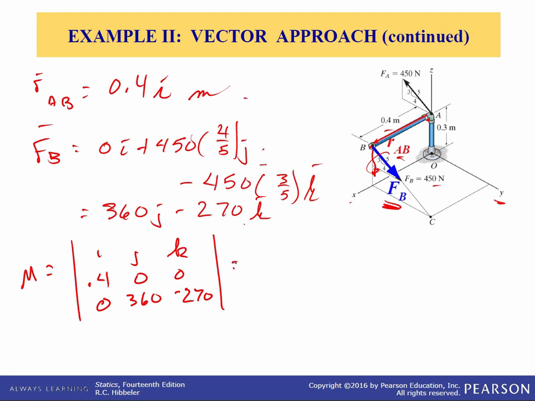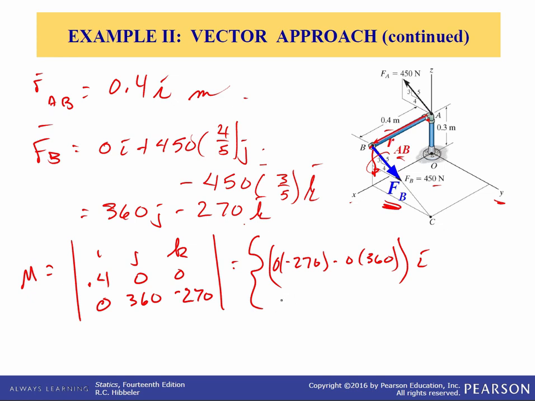So when you use the determinant method to evaluate this, you come up with 0 times minus 270 minus 0 times 360, and that's in the i direction.